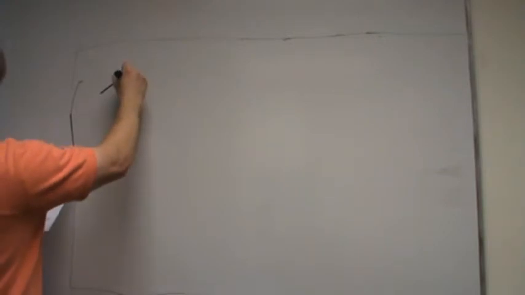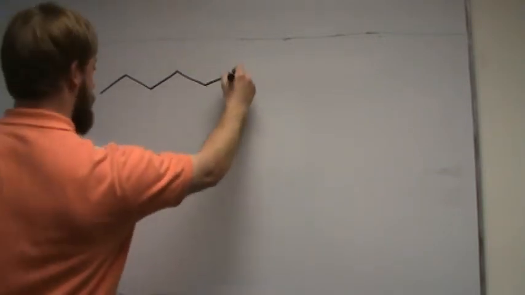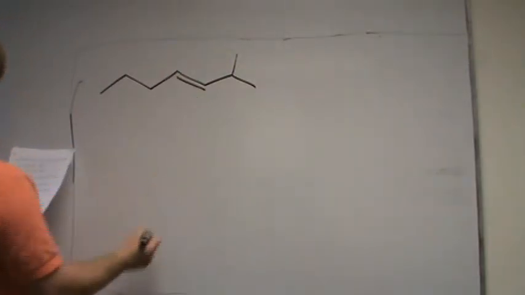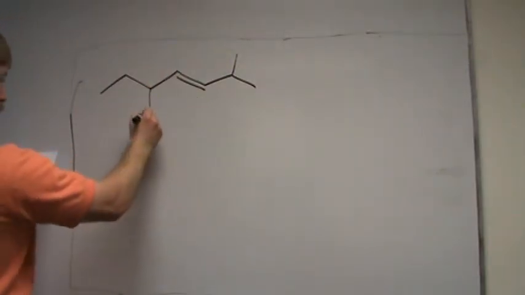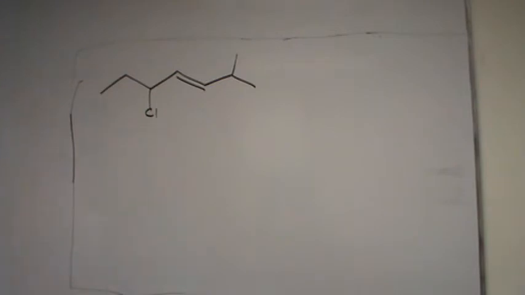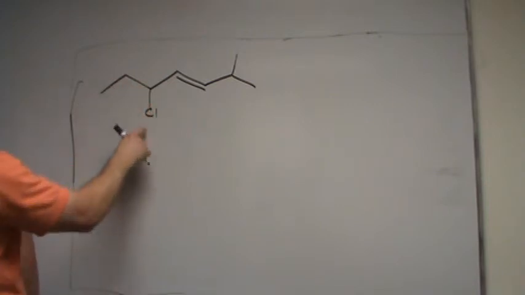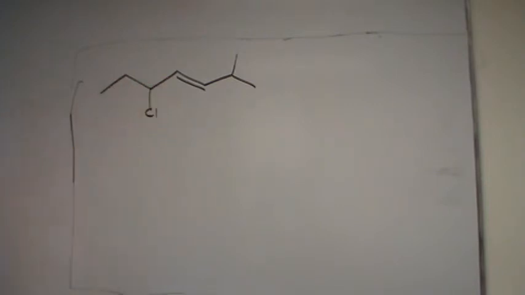Let's try another one. Name this. We've got to determine where to start our numbering. It gives us the longest chain possible that has the alkene in it. We start from the left: 1, 2, 3. We've got a 3-chloro and a 4 where the double bond is.